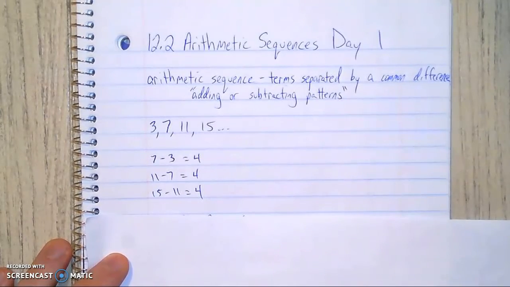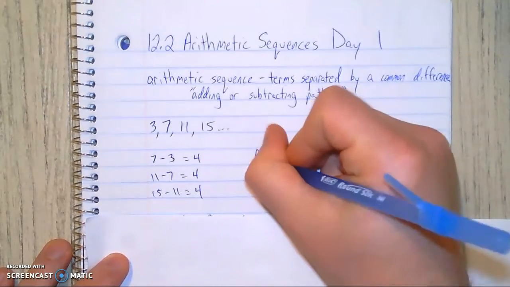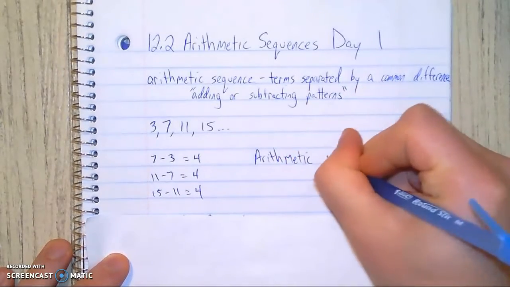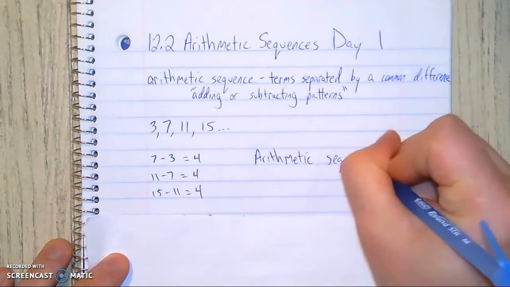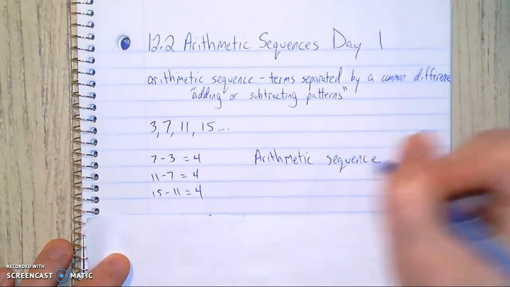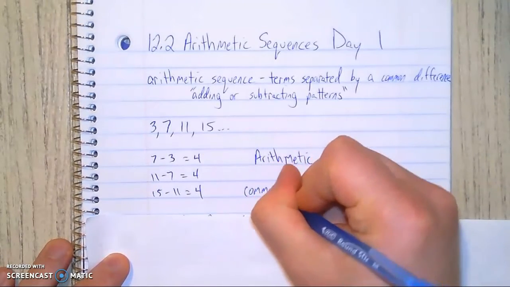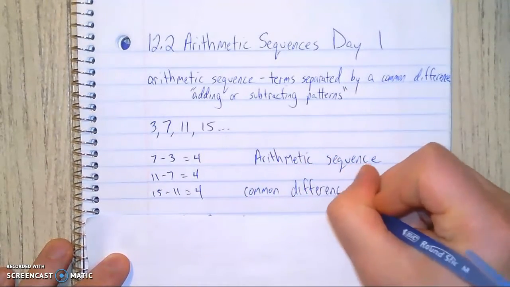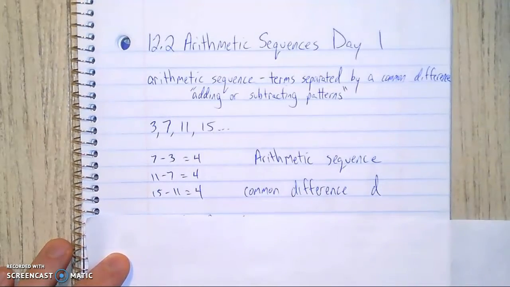That's a common difference, the same difference over and over. So I can now say two things. This is an arithmetic sequence, and the common difference, which for short we use the letter D to represent, D equals 4.